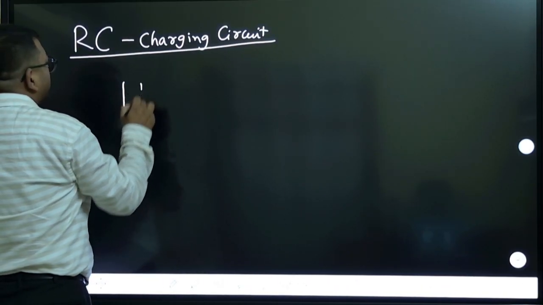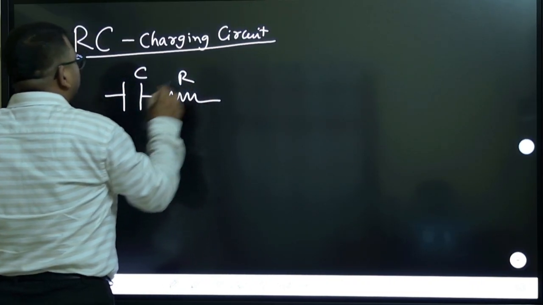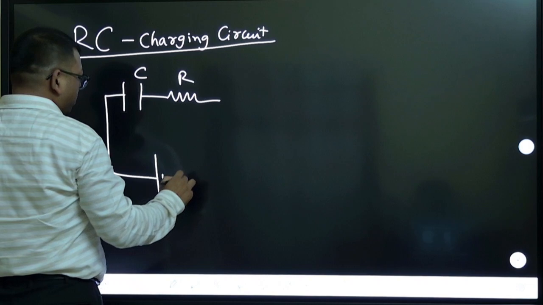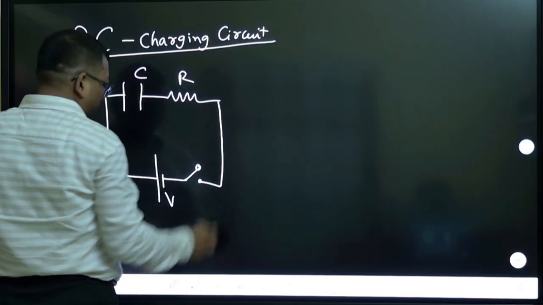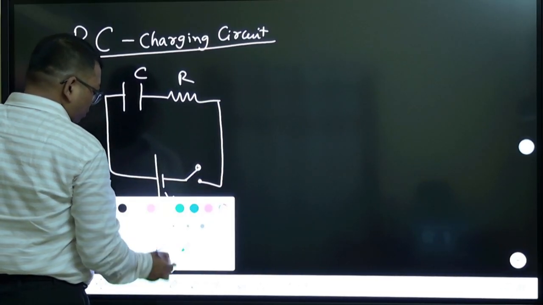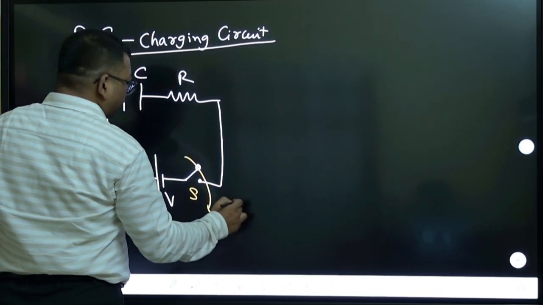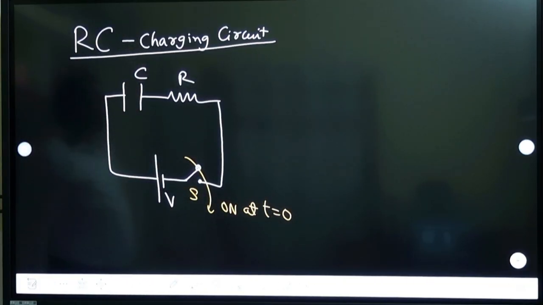Suppose that there is a capacitor and there is a resistor, and this is connected with a battery voltage V, and there is a switch like this. So this switch is turned on at time 0. At time 0, you turn the switch on.